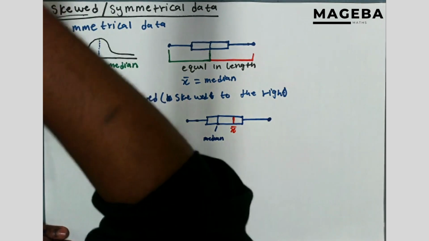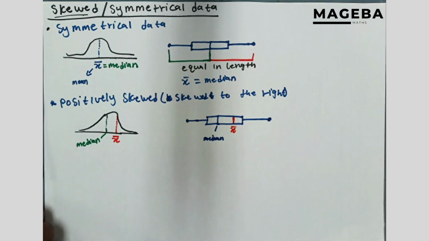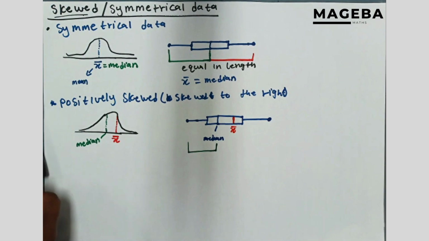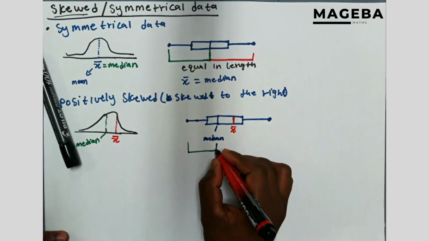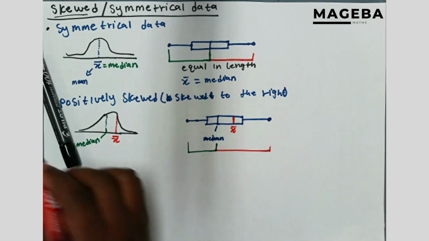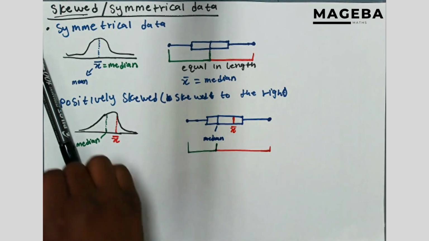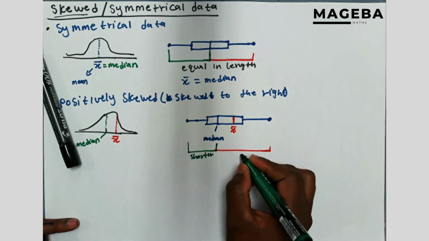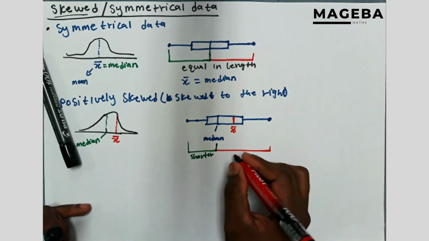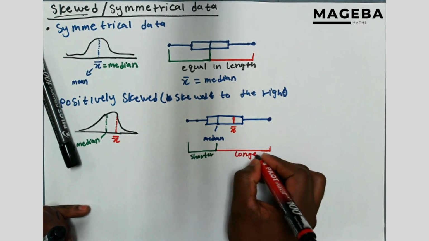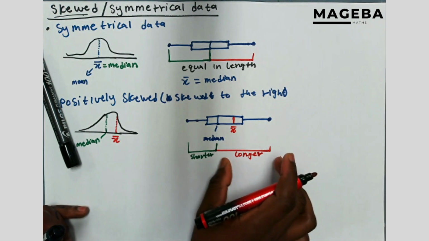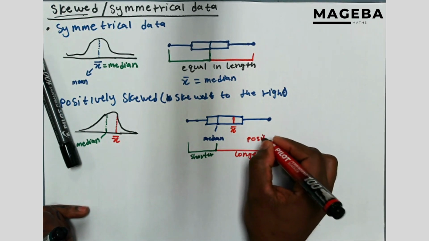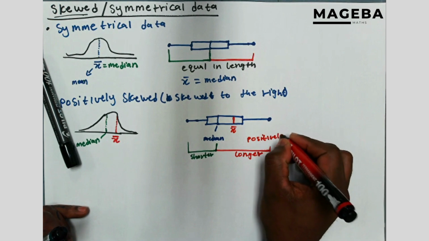Now if you can see, from here to the median, and then from the median to my maximum here, this one here is shorter, and this one here, it's longer. So this side now is positively skewed.